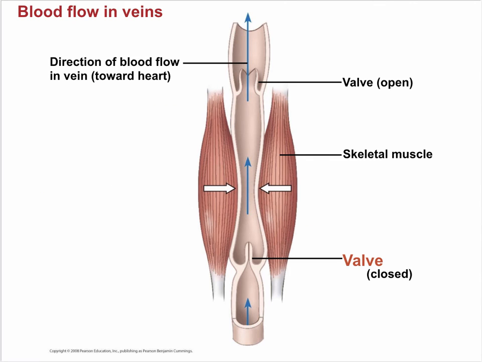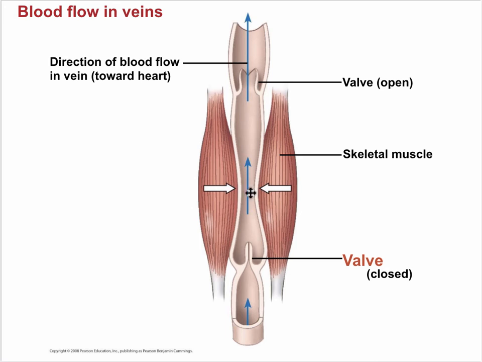Here's a picture showing the one-way valves in a vein, and you could imagine that this is perhaps the veins running up our lower leg. And so we have muscles in the lower leg that can contract, and when they do that, muscles get shorter and rounder, and that would pinch in on the vein that's in that part of our leg.